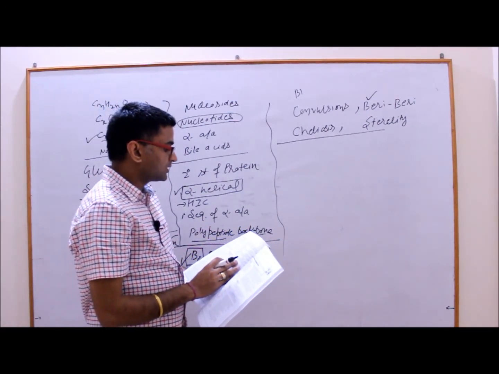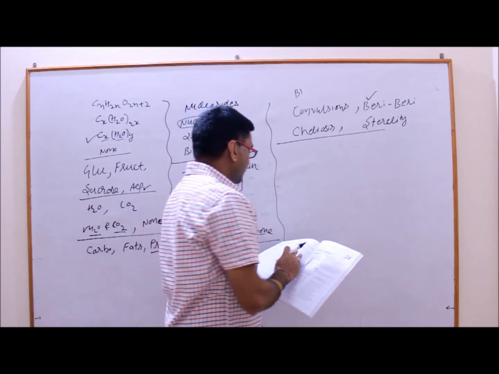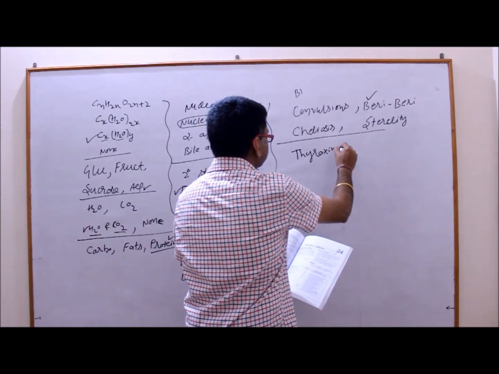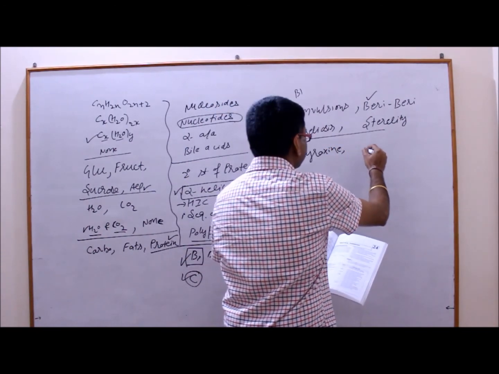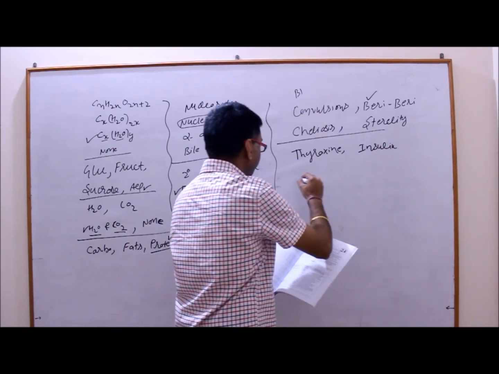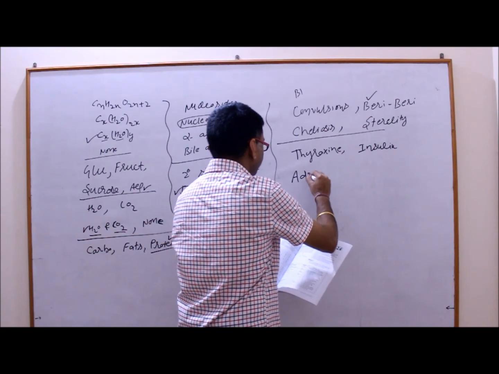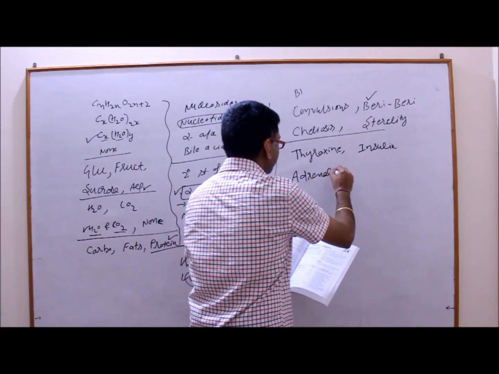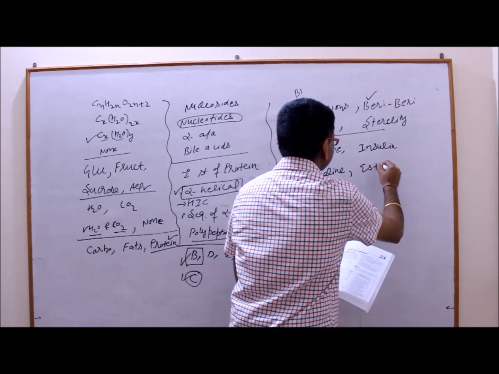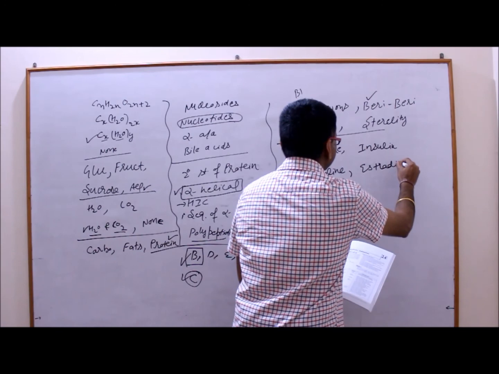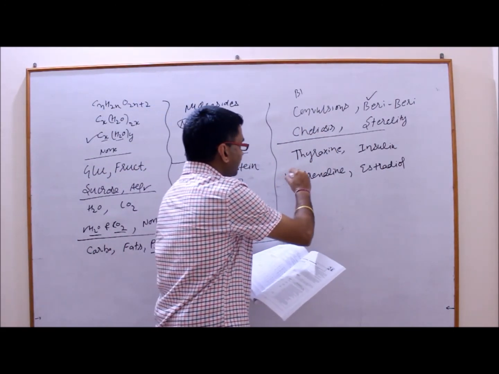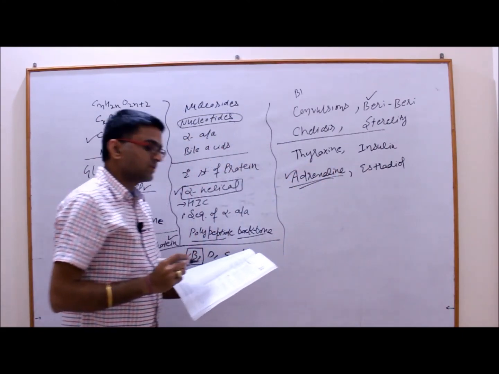Options are thyroxine, insulin, adrenaline, and estradiol. The answer is adrenaline. This is also known as the stress hormone.